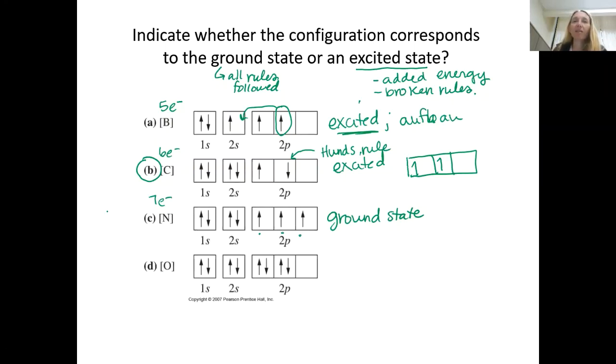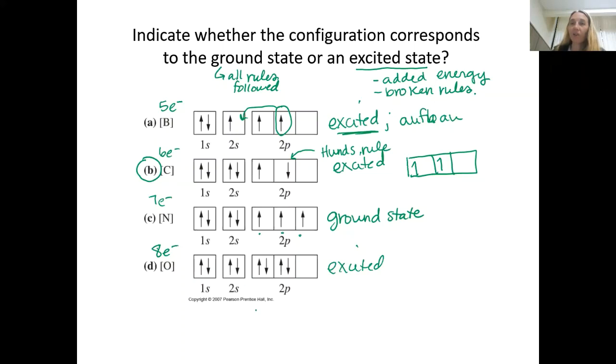Okay, now we've got oxygen. Oxygen has 8 electrons. Is this excited or ground state? Lots of excited. I see you guys are getting good at this. So why is this excited? Because I have to fill all of the boxes first.